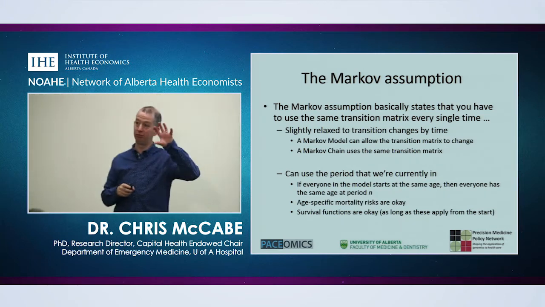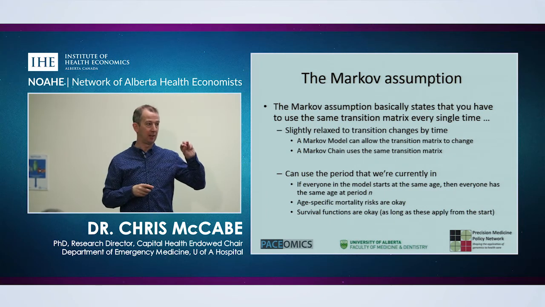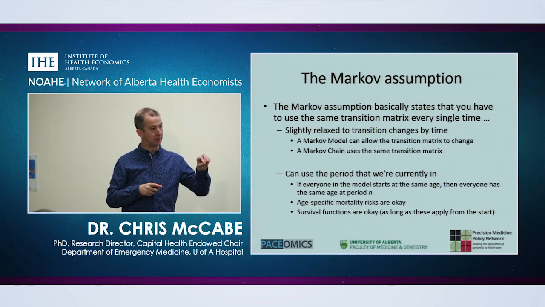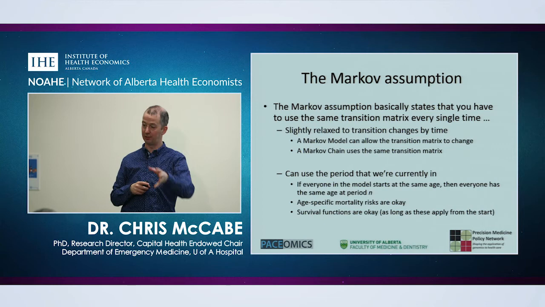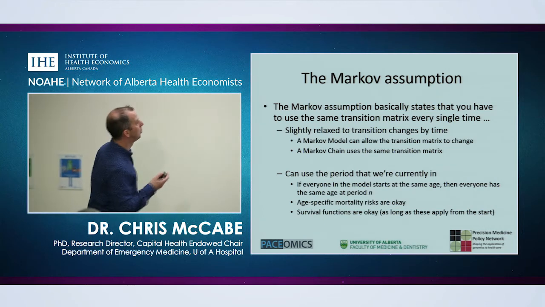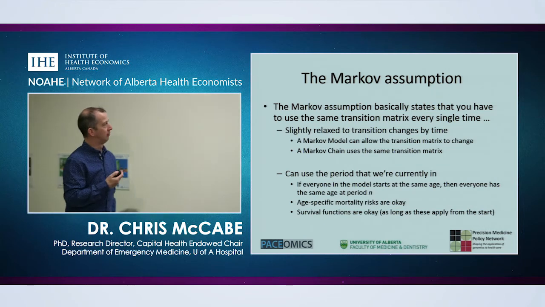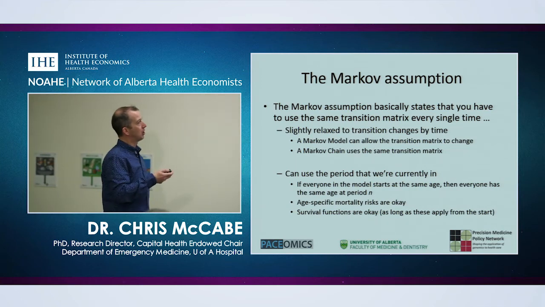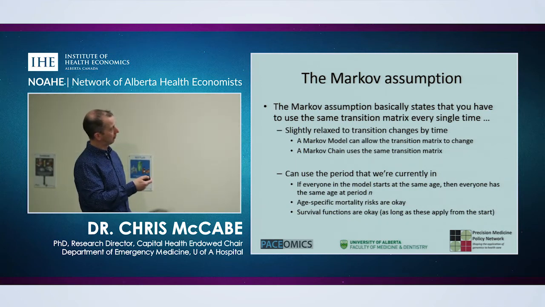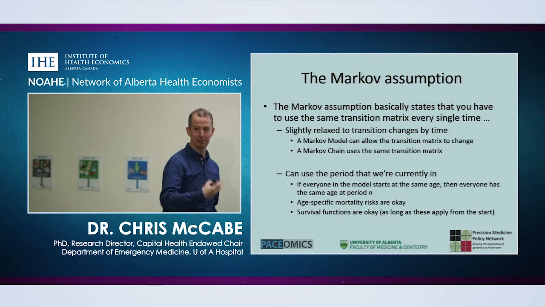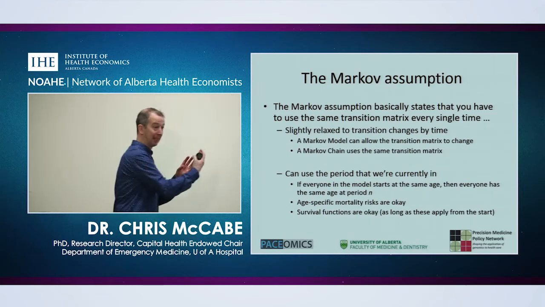So if in fact your previous health affects your probability of a given event in the future, then you have to use a slightly different version of the Markov approach. The strict Markovian assumption we call a Markov chain, where you just have one transition matrix. A Markov model is where you allow the transition matrix to be time dependent so that it can take account of what's happened previously. Okay?